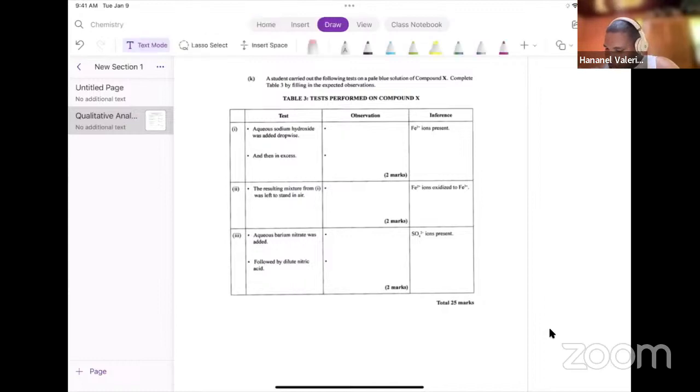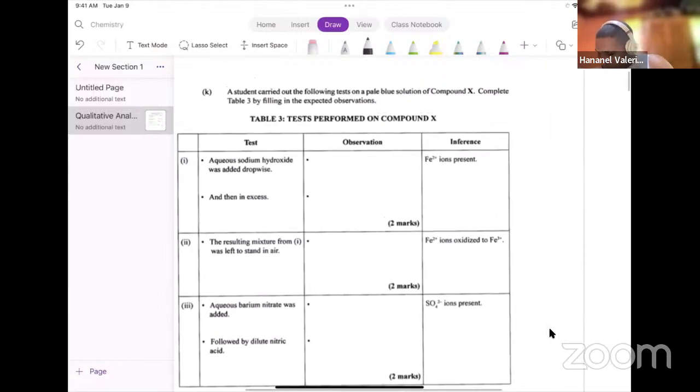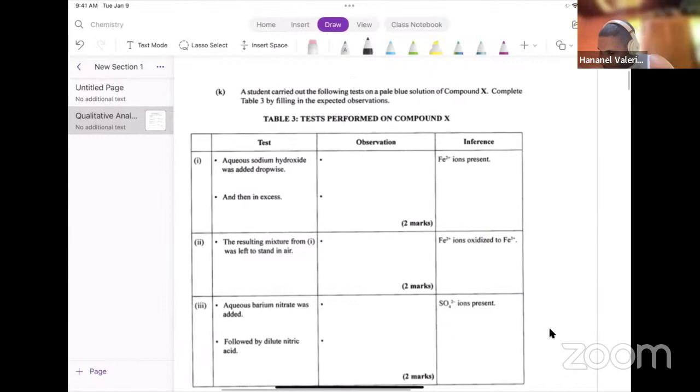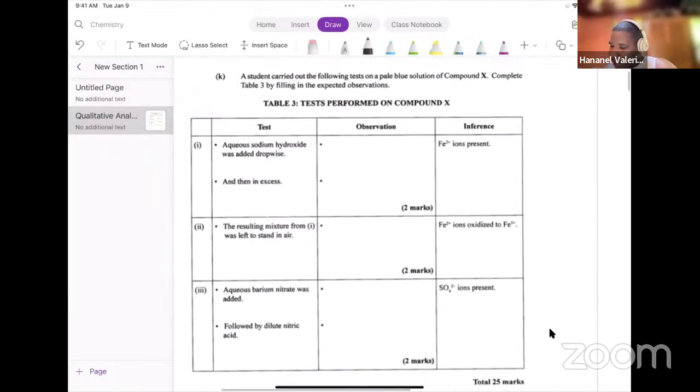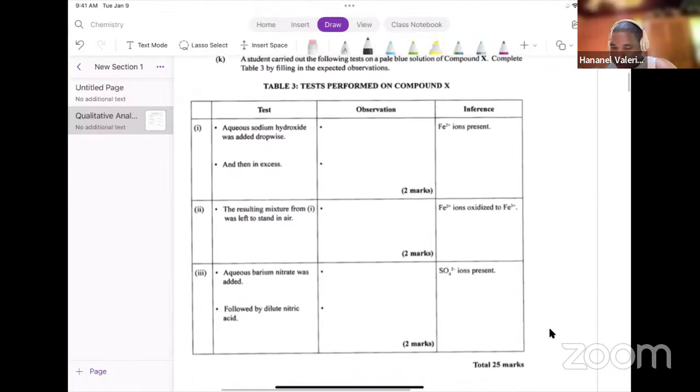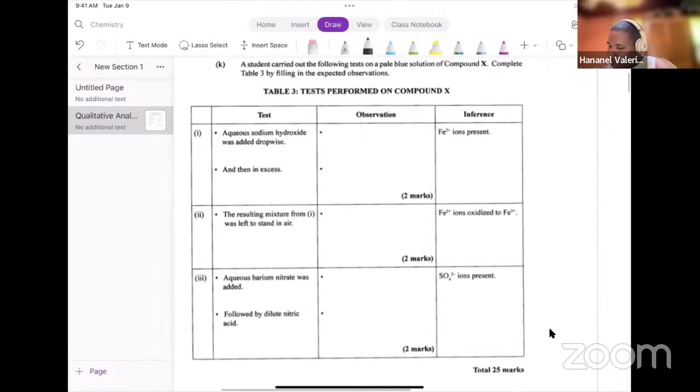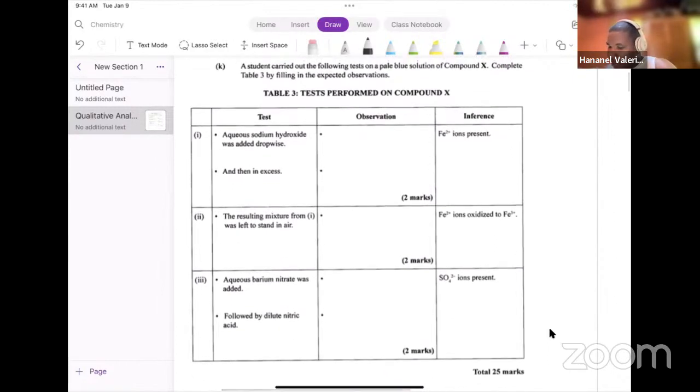It says that a student carried out the following test on a pale blue solution of compound X. Complete table 3 by filling in the expected observations. So table 3 would be performed on compound X. Aqueous sodium hydroxide was added dropwise and then in excess.